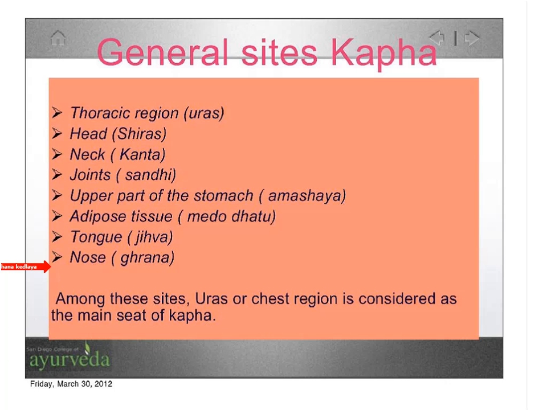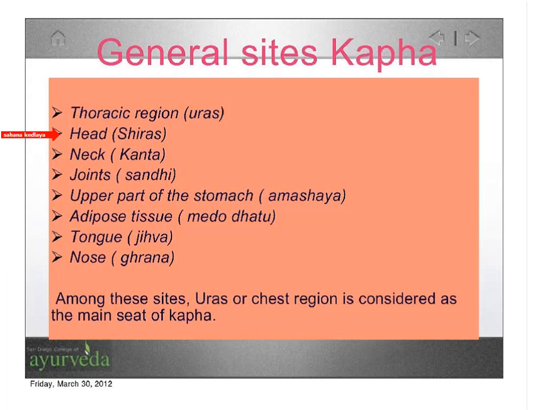So what kapha does here in the thoracic and the head area is it lubricates and maintains the moisture level. It lubricates the vital organs like heart, lungs, and the brain. It nourishes them because the kapha is the nourishing factor of the body.